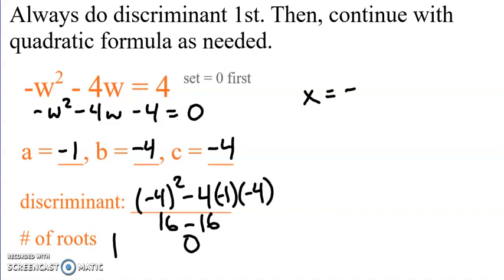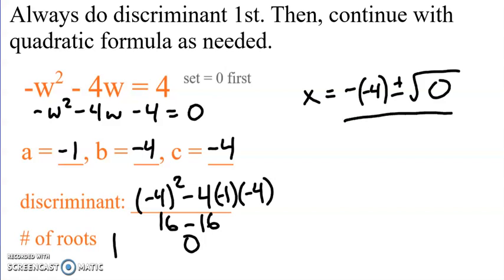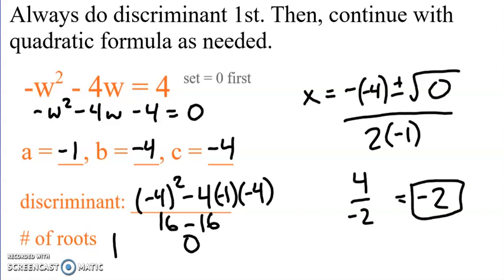So we've got negative b. Again, our b is already negative, so that's going to become positive. And we're taking the square root of 0, divided by 2 times our a value. So we get a positive 4 now. Square root of 0 is just 0, so I don't even need to write that. It's going to be a 4 in the numerator, and the denominator is negative 2. That simplifies nicely to negative 2. Okay, so there's our one real root.